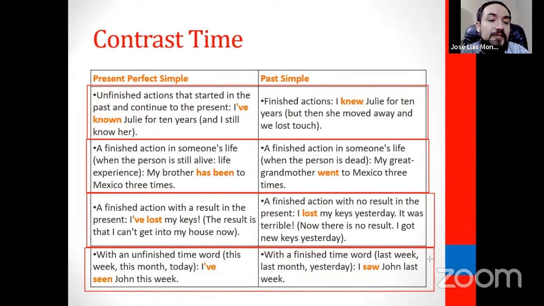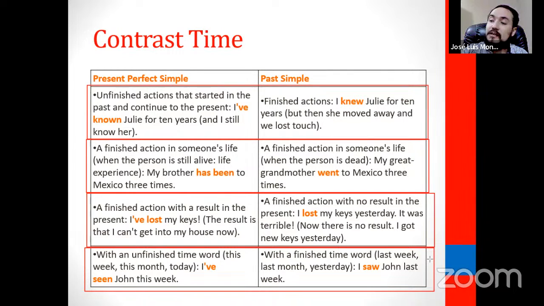For example, I've seen John this week. Again, the connection is there. But we have finished time words like last week, last month, yesterday, because we know that it happened already. So again, it's kind of the same if you analyze, but you have different specific situations in which you identify one of them as the best option.